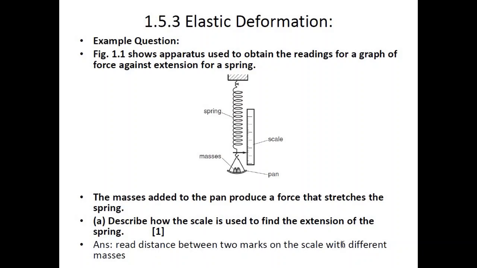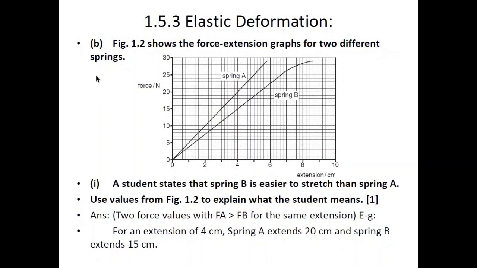Read the distance between two marks on the scale with different masses. That is also a way. Or simply take one reading with no masses and the other reading with full masses, and then subtract the two lengths on the scale, and you will know the extension, that is, by how many units the spring stretched.